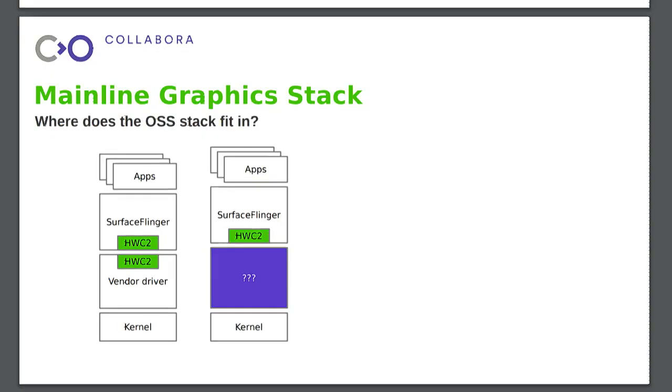So if we look at the stack again, there's the kernel, which contains part of the graphics driver, and then on top of the kernel there's the user space stuff, basically everything else. And the user space part of the driver is Mesa. And DRM hardware composer sort of is stacked on top of Mesa and two other projects. So it doesn't replace Mesa, it's rather built on top of it.